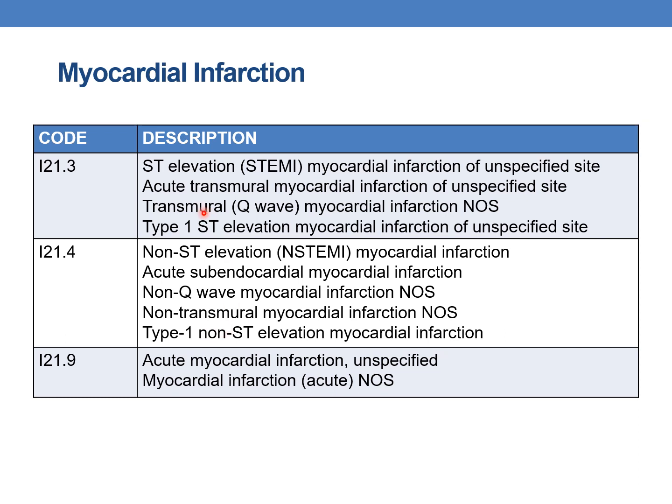Previously it was transmural, now it is non-transmural myocardial infarction and type 1 non-ST elevation myocardial infarction. In all these cases, you need to code I21.4. And finally, for myocardial infarction NOS, acute myocardial infarction NOS, you need to code I21.9, which is acute myocardial infarction unspecified.